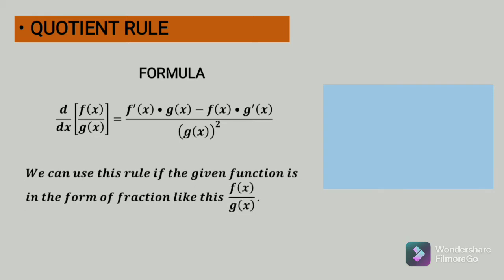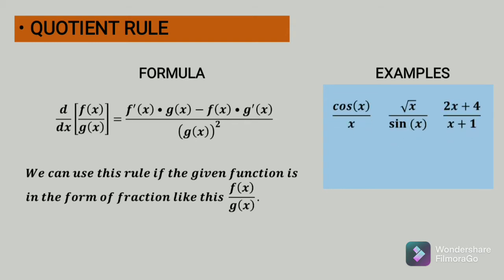We can use this rule if the given function is in the form of a fraction, like this, f of x over g of x. Here are the examples of expressions that we can use the quotient rule in finding the derivatives.